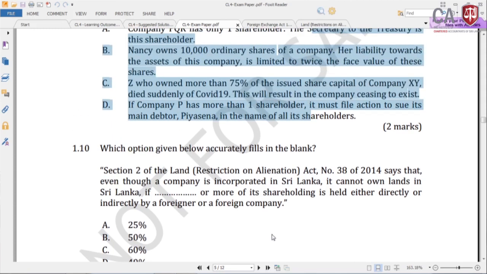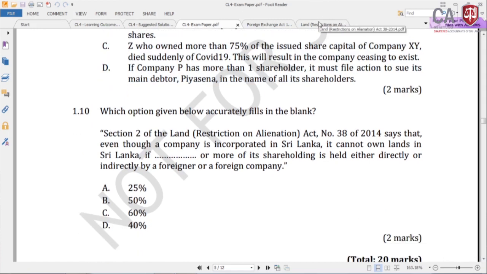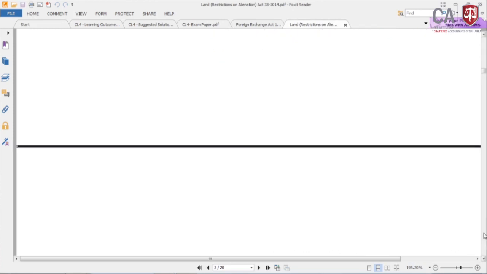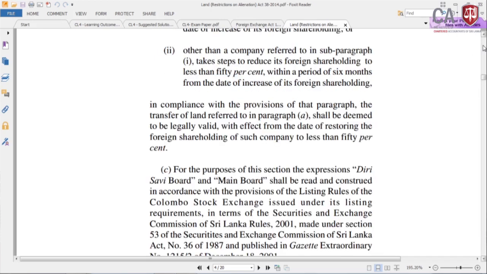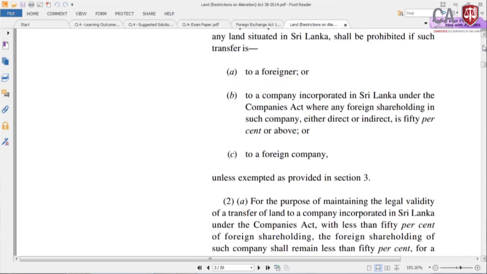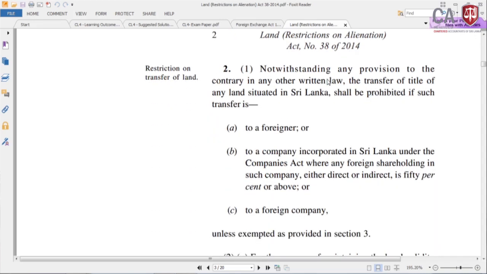Now if you look at section 2, notwithstanding any provisions to the contrary in any other written law, the transfer of title of any land situated in Sri Lanka shall be prohibited if such transfer is to a foreigner or to a company incorporated in Sri Lanka under the Companies Act where the foreign shareholding in such company, either direct or indirect, is 50% or above.